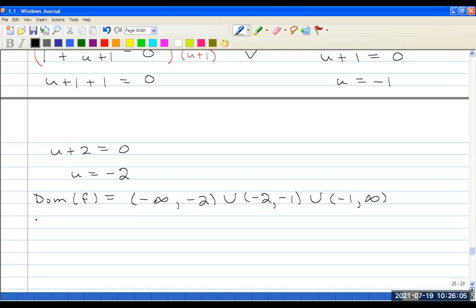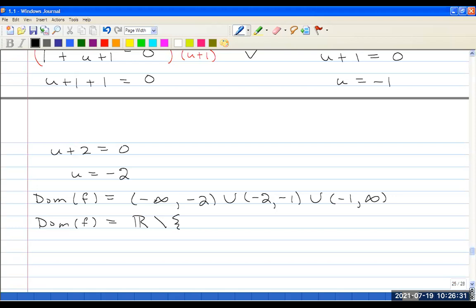So it is everything except for -2 and -1. So another way of writing this is the set of all real numbers except for the singletons -2 and -1.